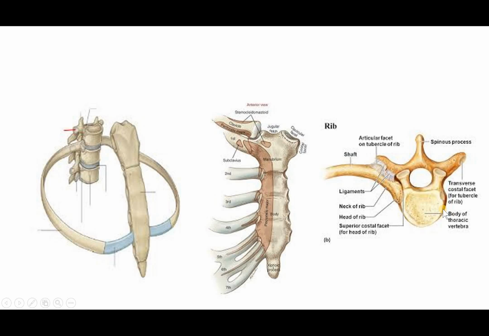Here's a superior view of the thoracic spine. You're seeing the body of the vertebra. There's a vertebral foramen where the spinal cord passes through. Spinous process. Okay, so here is the rib head, and it articulates with the thoracic spine, and also your articular facet there.